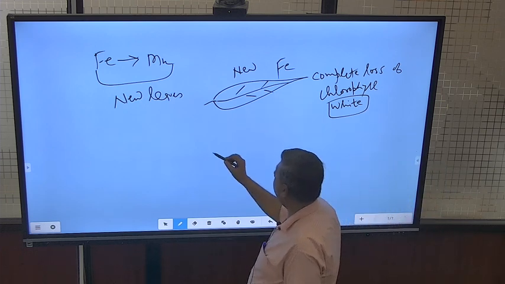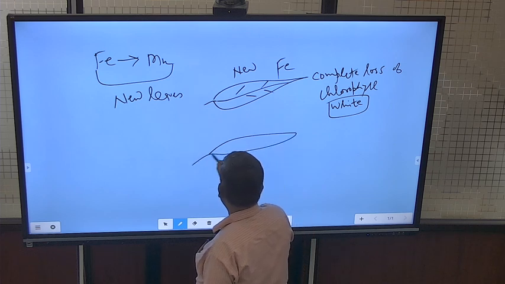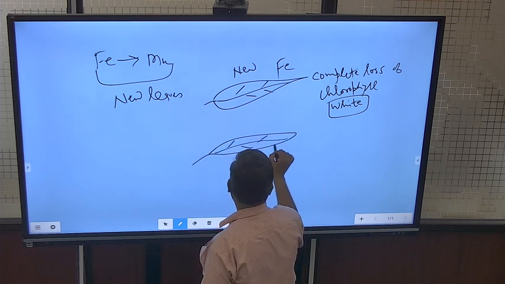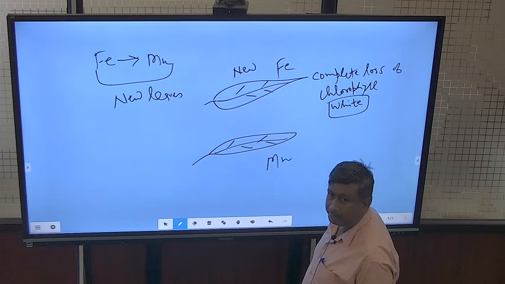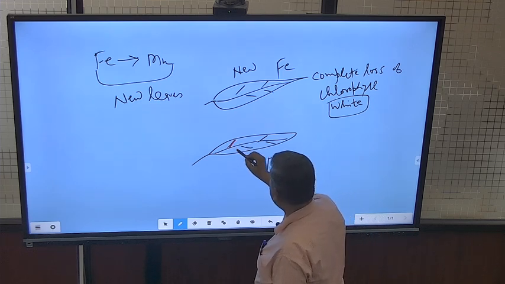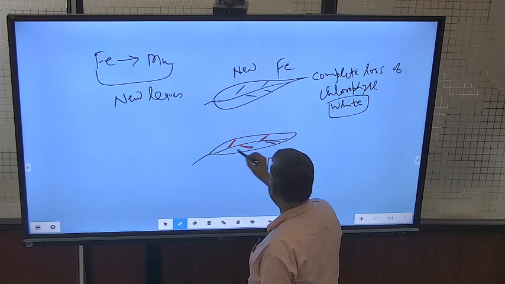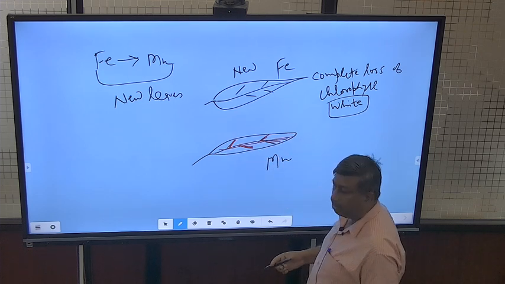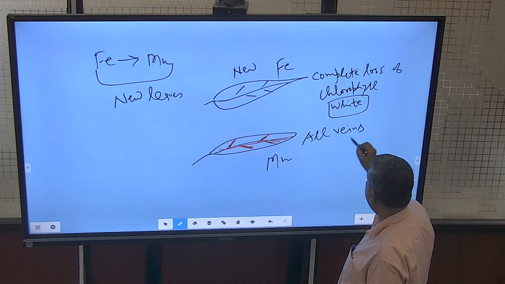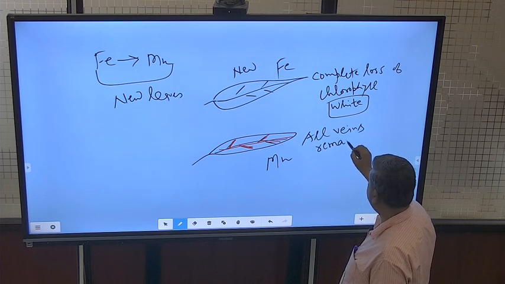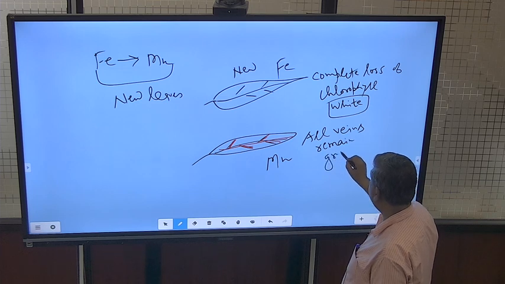And in case of manganese, there is also loss of chlorophyll, but the veins remain green. All the veins remain green.